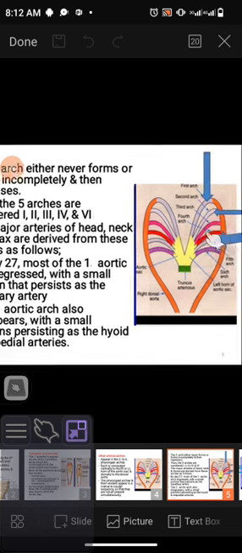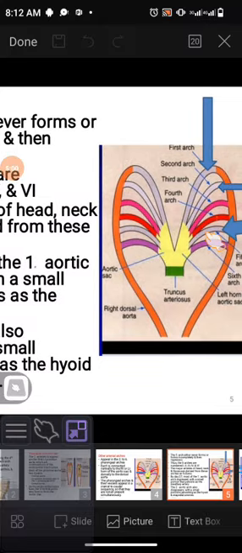By day 27, the 1st and the 2nd aortic arches are going to disappear. The first will disappear first. By day 27, the first has already disappeared or regressed, and the remnant will be small, and that remnant will form the maxillary artery, the blood supply to the maxilla. By day 29, the second would have disappeared.